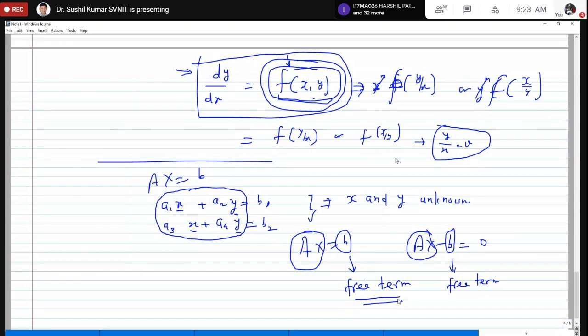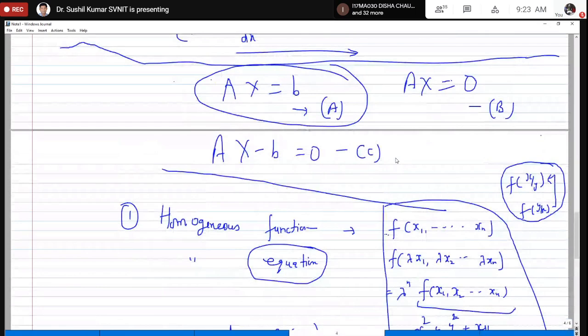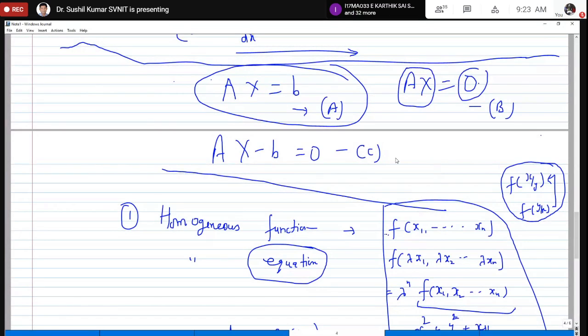Now, if this free term is identically 0, then the equation is homogeneous, otherwise non-homogeneous. So in the equation Ax equal to 0, this term is identically 0. We have the terms of unknowns only, so this equation is homogeneous.